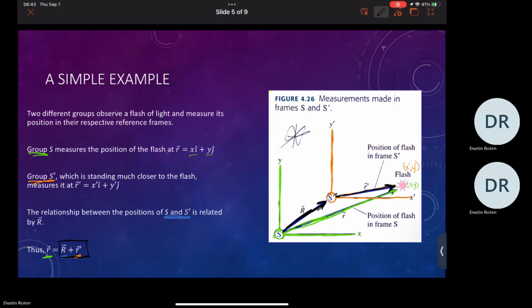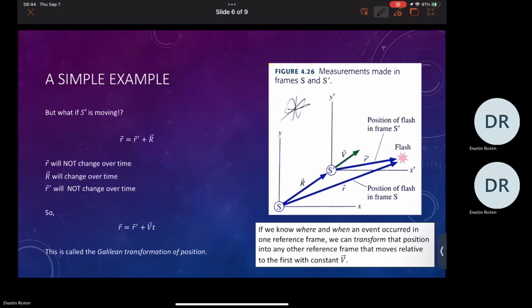So essentially, where the reference frame is, plus the measurement in the frame. So if we're part of group 1, we can just use those two things and reconstruct the position of the flash.